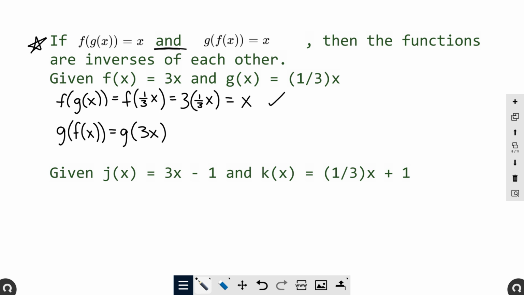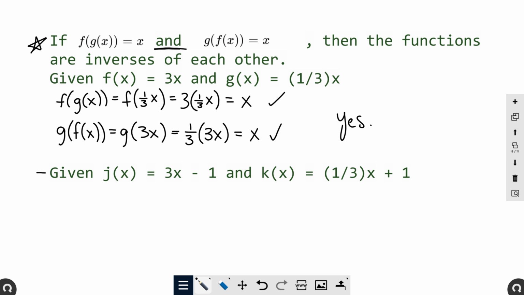And we're going to plug that into function g, which says 1/3 times x. Well, in the place of x, we put 3x. So what's 1/3 times 3x? X. So are they inverses of each other? Yes, they are. As long as both of those just equal x, we're good to go.